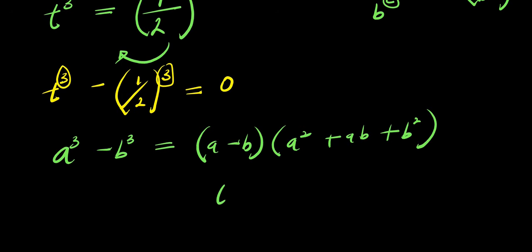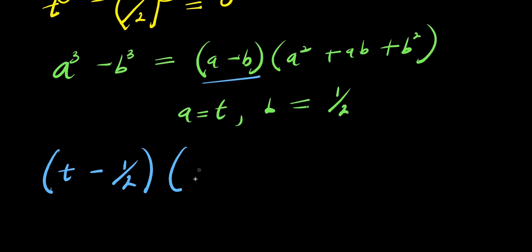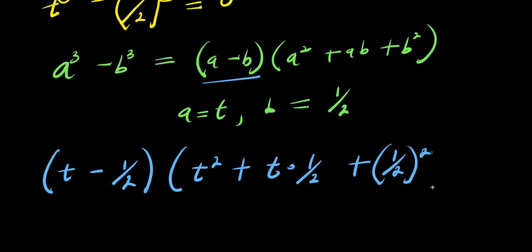So in this case, our a equals t and b equals 1 over 2. From here, if you substitute a and b, you are going to have t minus 1 over 2 times t power 2 plus ab, t times 1 over 2, plus 1 over 2 to the power of 2.